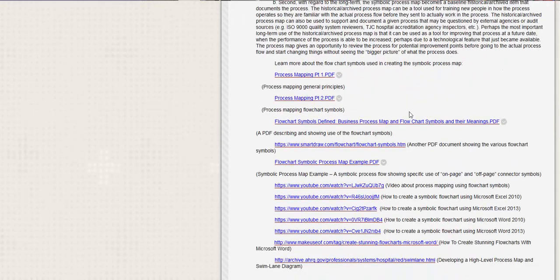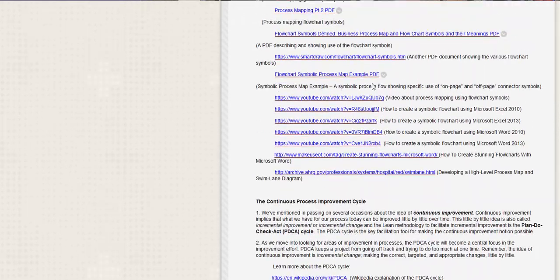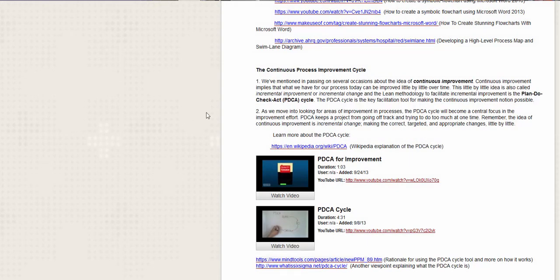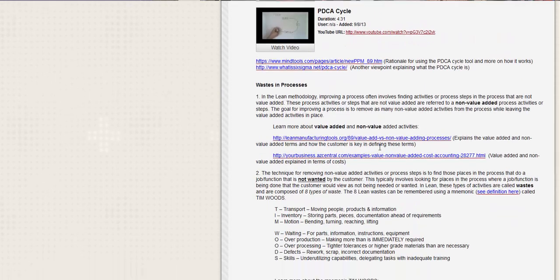Flow chart symbols. Some of this right here you don't have to watch or read unless you're using Excel 2010 or 13, so you can skip those. And then the continuous process improvement cycle. In the last module, I told you that in your final project, you'll need to do the PDCA, and here's the information about it.